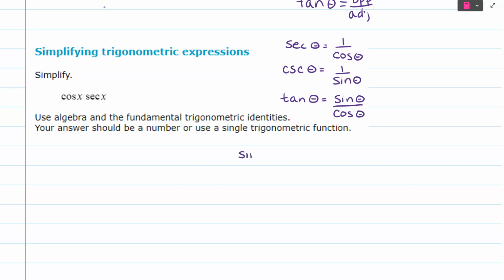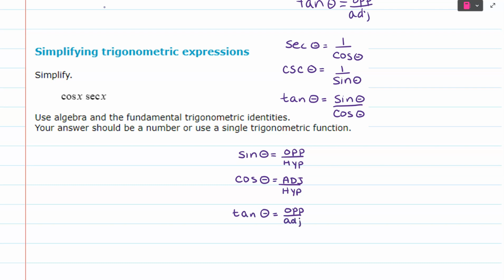Sine of an angle is opposite over hypotenuse. Cosine of an angle is adjacent over hypotenuse. And tangent of an angle is opposite over adjacent. That's your SOHCAHTOA.